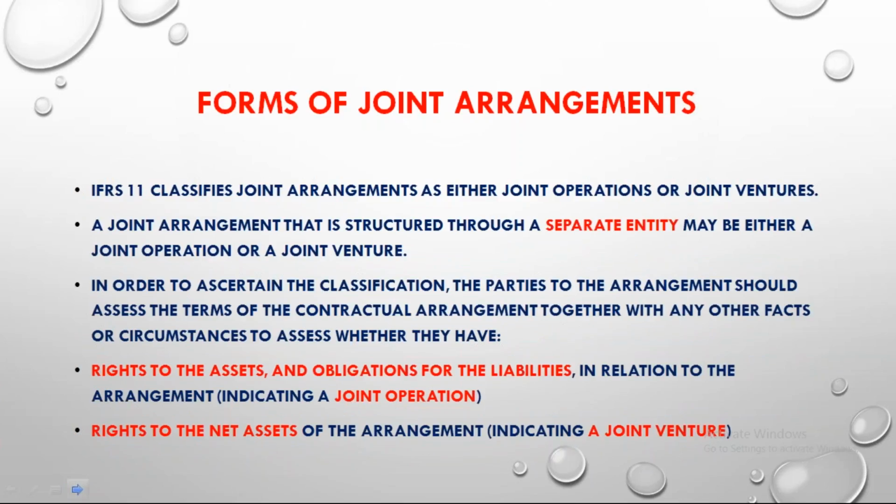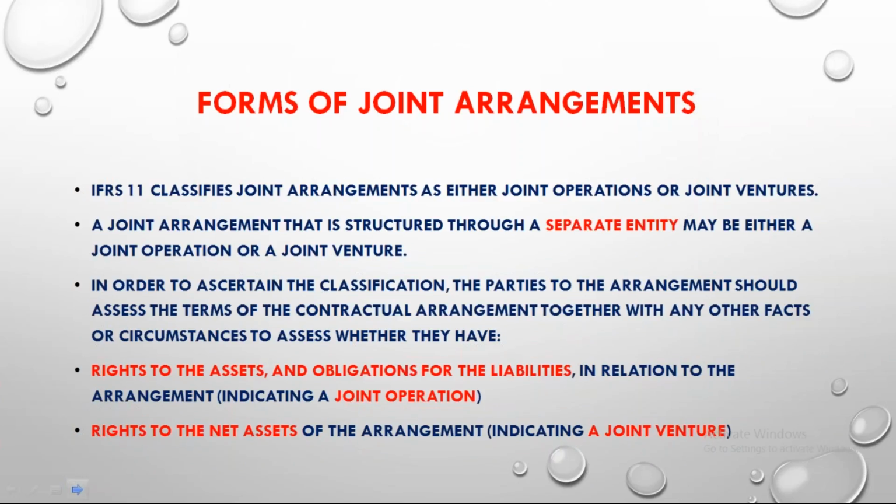So what are the forms of joint arrangements? The joint arrangements can be a joint operation or a joint venture. A joint arrangement is structured through a separate entity. Now this is the important one, right? A separate entity, maybe either a joint operation or a joint venture.